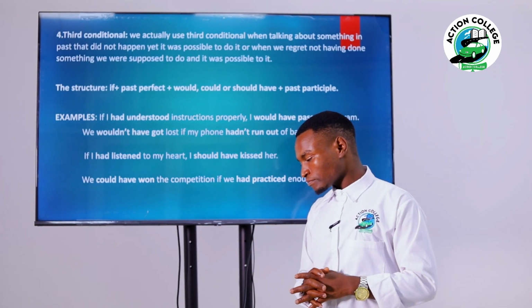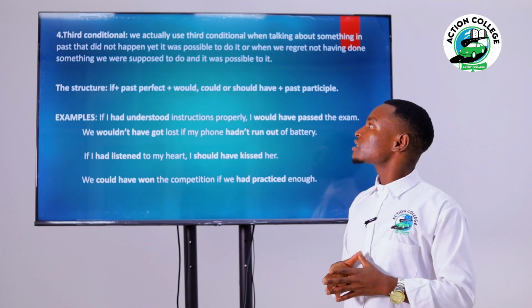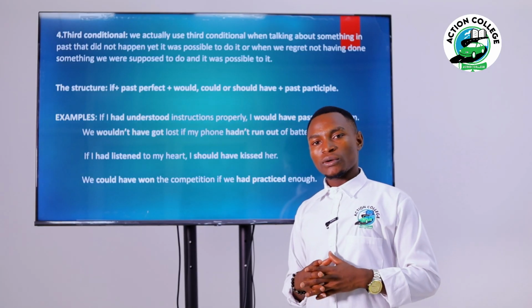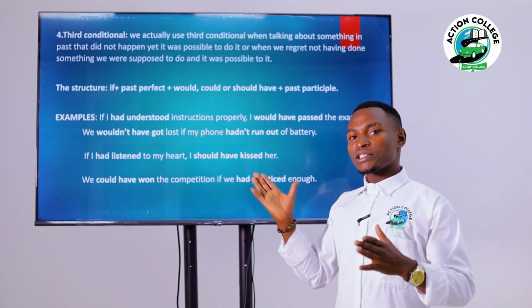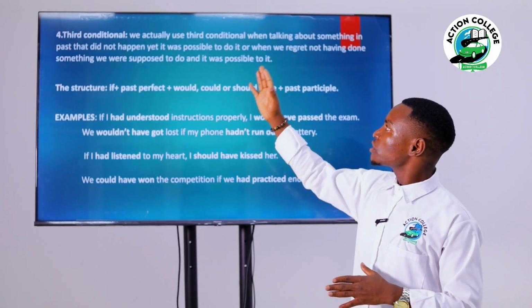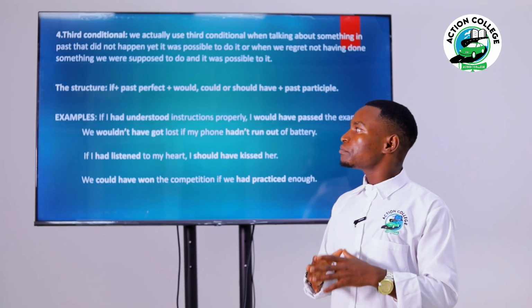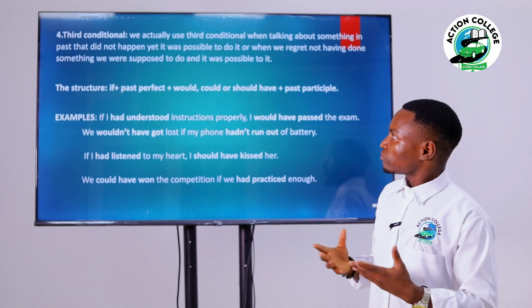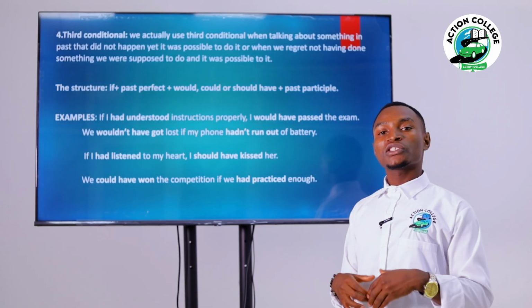Now, let's take a look at the last type, which is third conditional. What is third conditional? As you can see, we use this when talking about something in the past that didn't happen, or something that we did not do yet we were supposed to do.